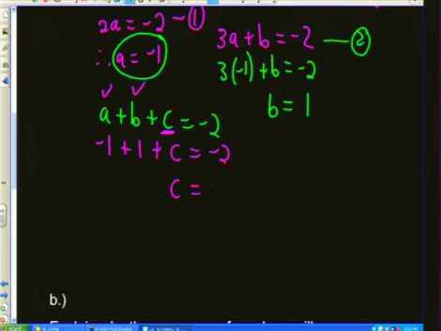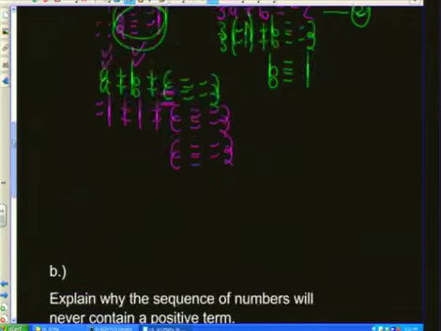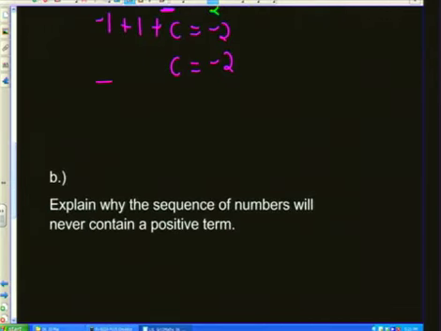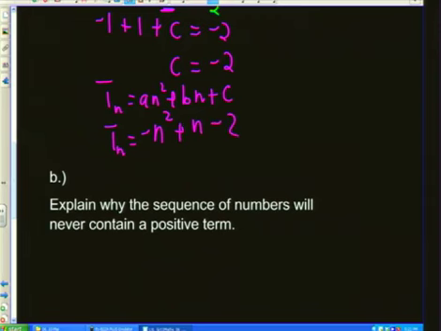Therefore, c is -2. So our formula is Tn equals an squared plus bn plus c, which is Tn equals, a is minus 1, so minus n squared, and b is 1, so plus n, c is minus 2.